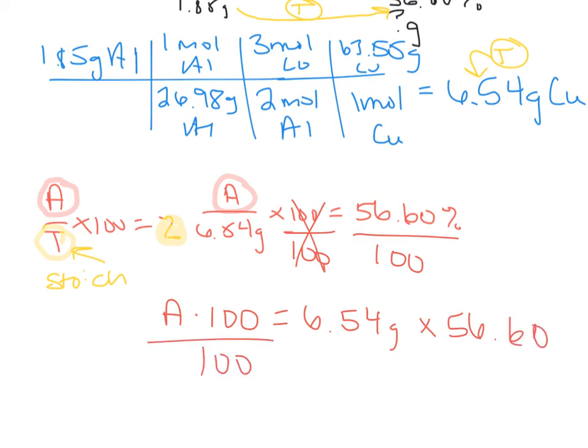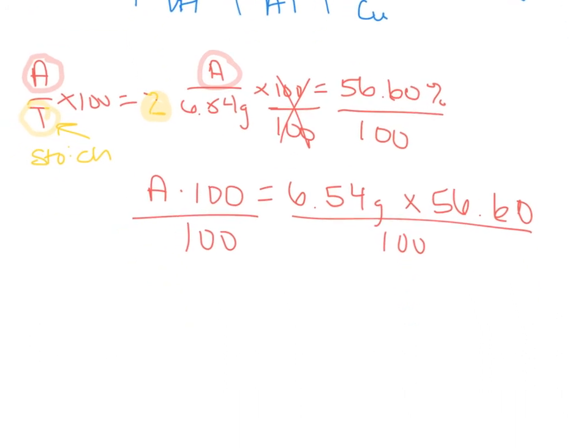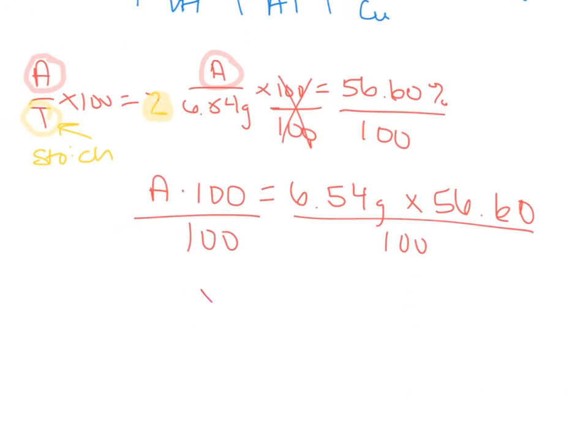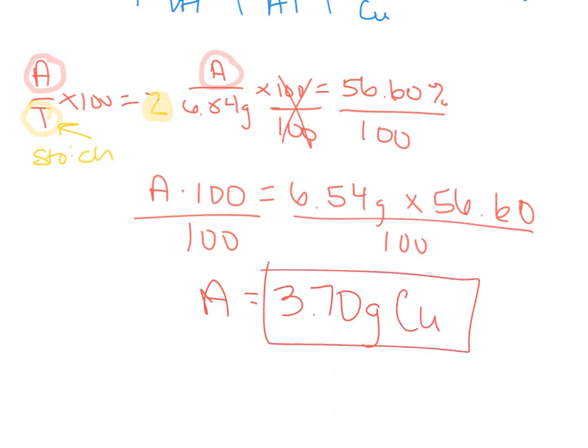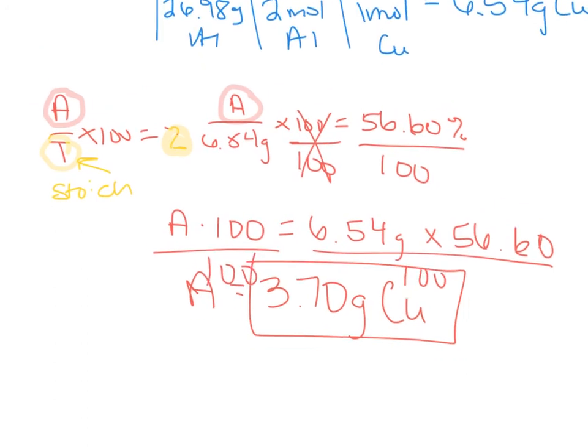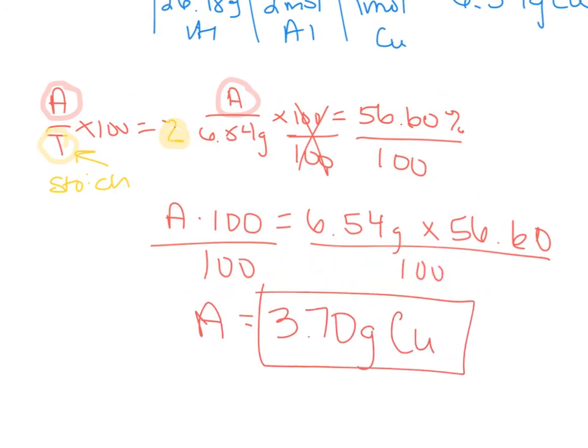Divide both sides by 100. So then you're going to get A, so you can crunch these numbers in. You're going to get A is 3.70 grams. So if they are only 56.6% efficient, that means they've only created 3.70 grams of copper.